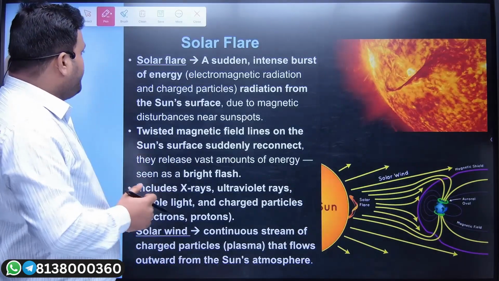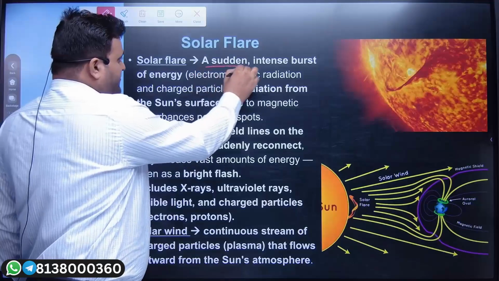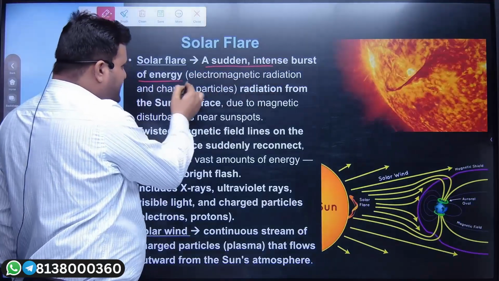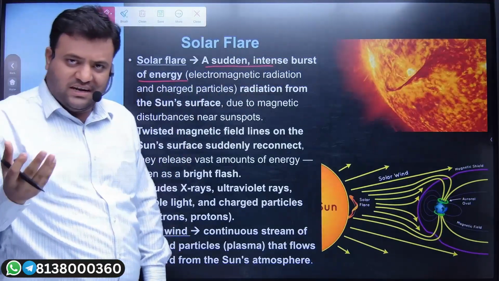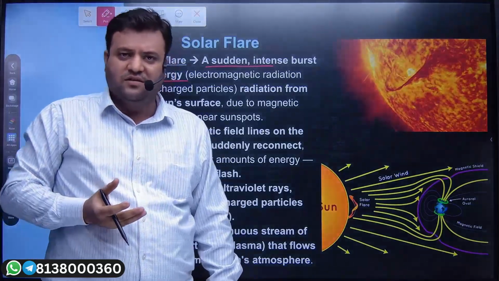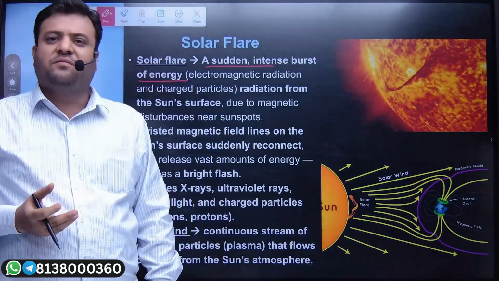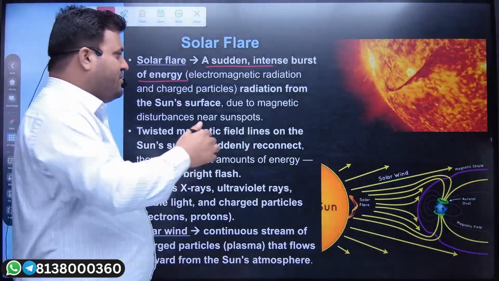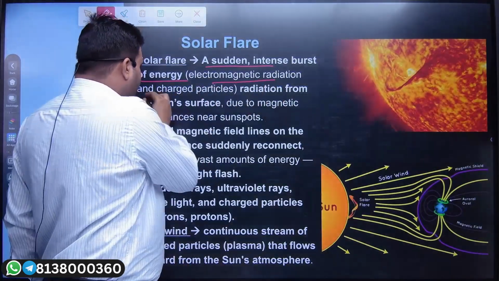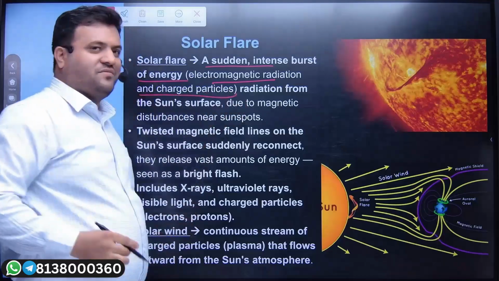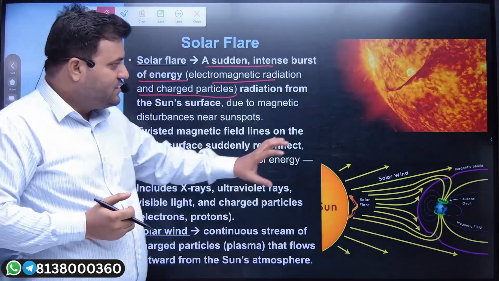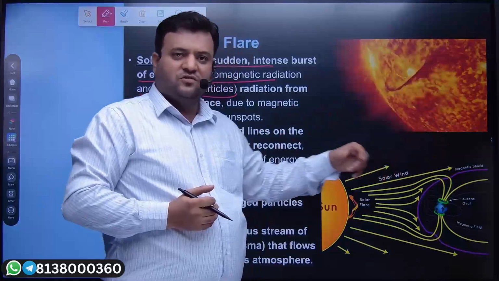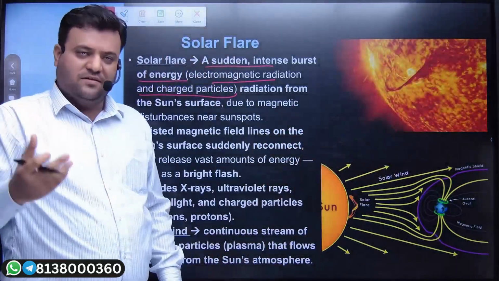Whenever we have a sudden intense burst of energy, all the radiation which we find in our universe is electromagnetic. So when electromagnetic radiation, or electromagnetic charged particles, are released from the sun's surface, that is called what? Solar flare.